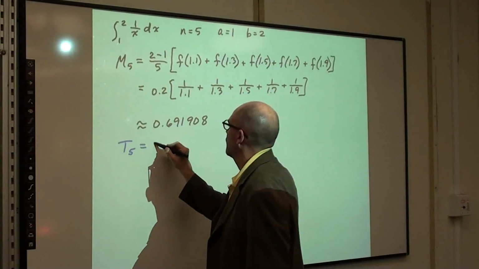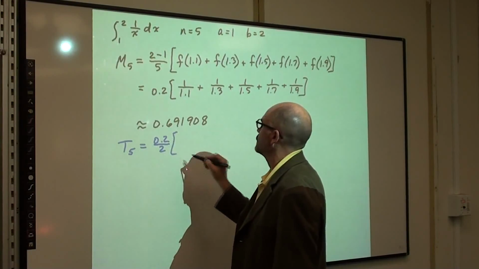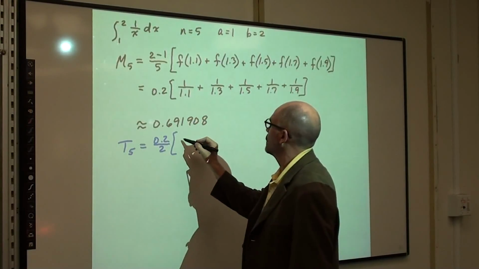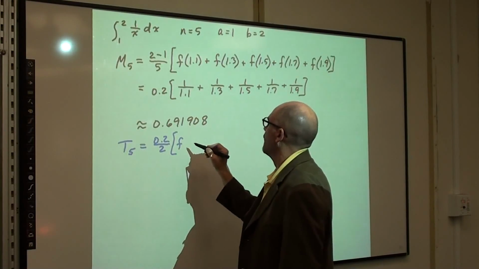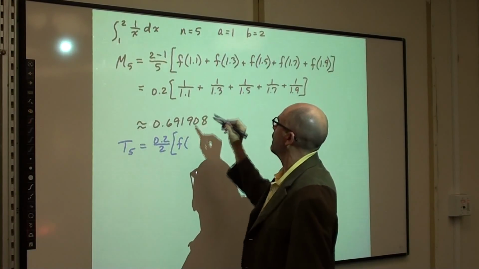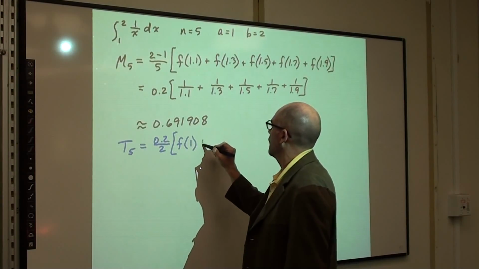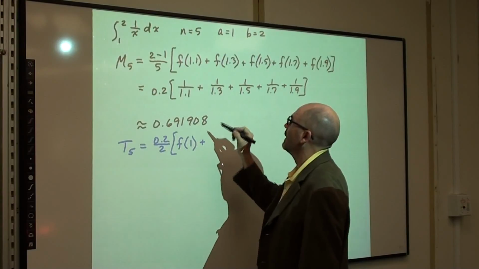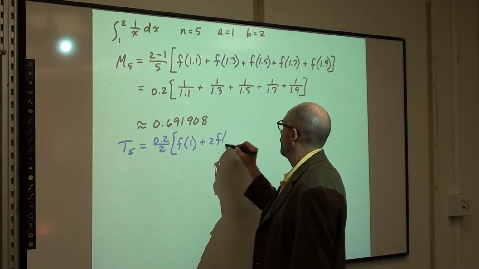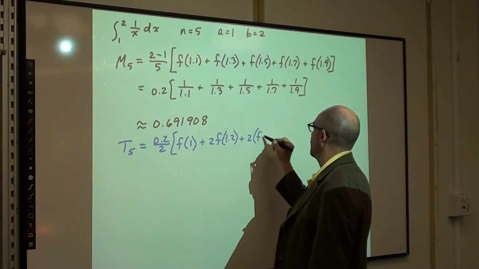So it's going to be delta x over 2 times f of x sub 0, which is f of 1. Now f of x sub 1 is f of 1.2, so we have 2 times f of 1.2 plus 2 times f of 1.4.